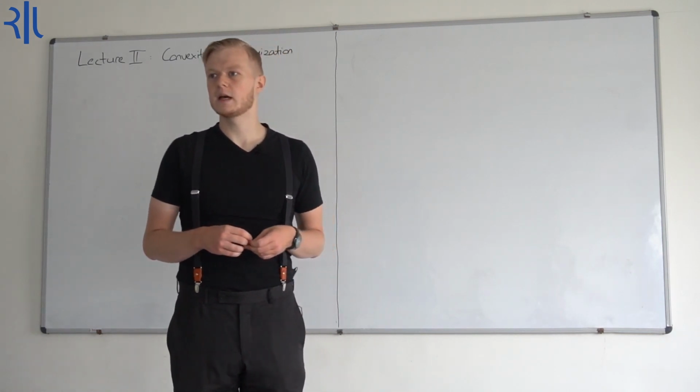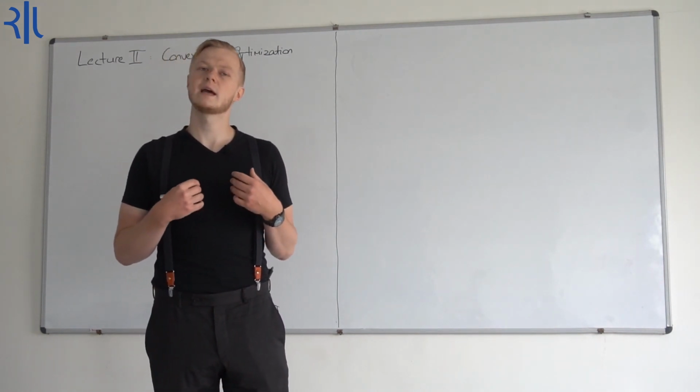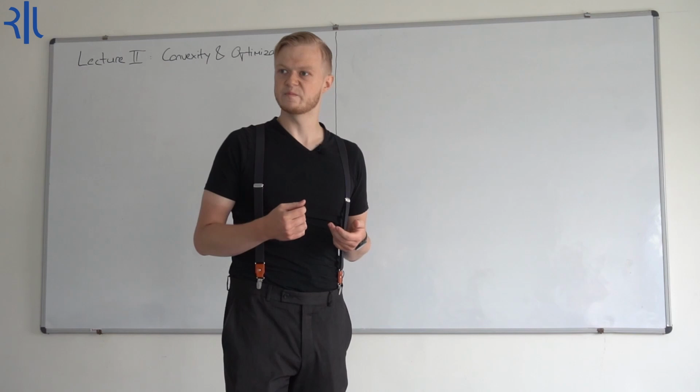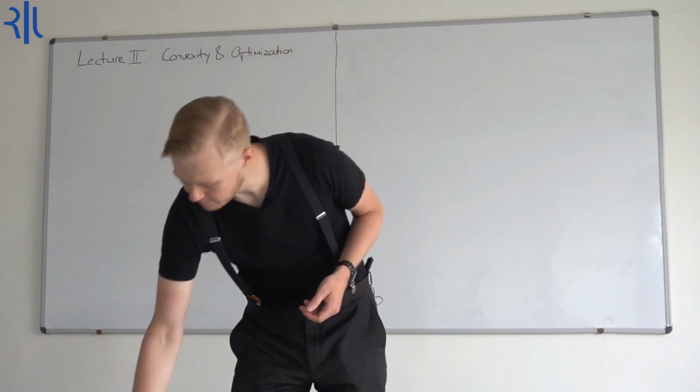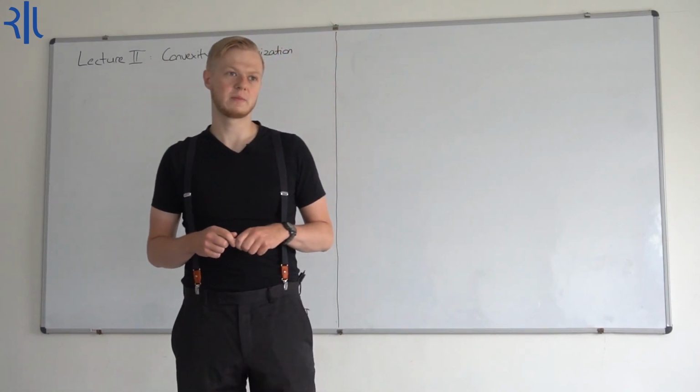Normally, when we have convexity, we will be able to make strong statements about the optimization process. If we do not have a convex problem, then normally all bets are off.